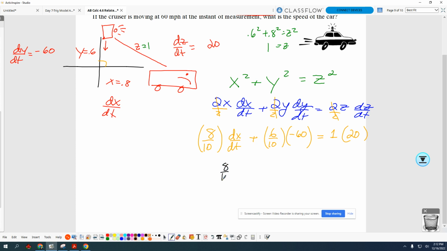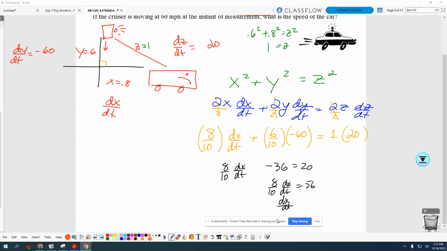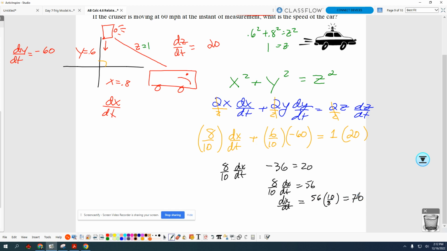This is 8/10 dx dt minus 36 equals 20. There is a reason that I've been writing it as fractions, because I can do this without a calculator. What's 56 divided by 8? 7. So the car is going 70 miles per hour.